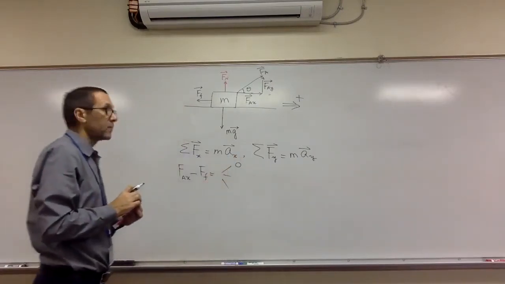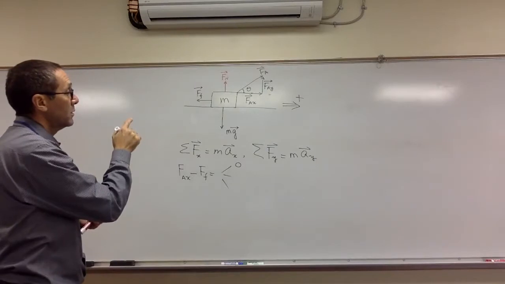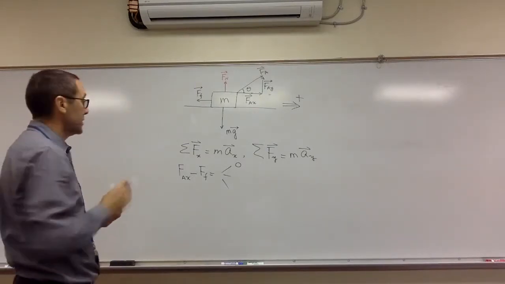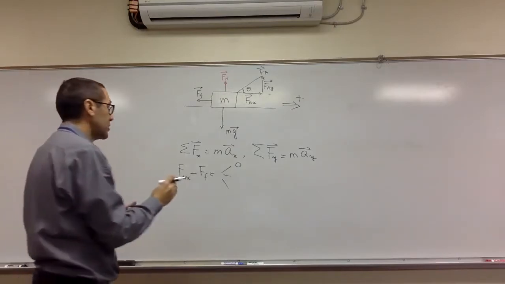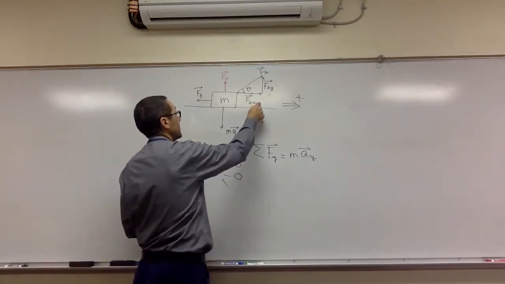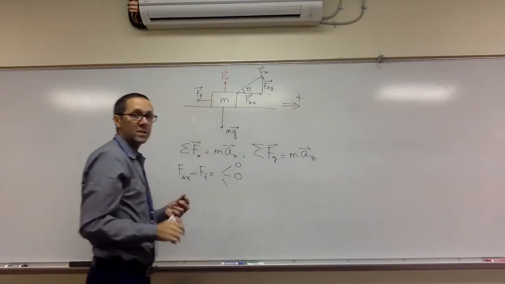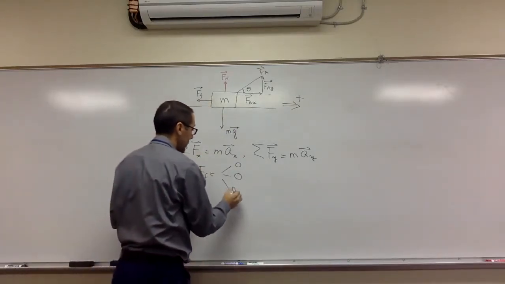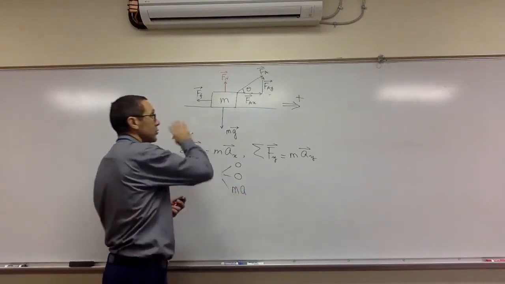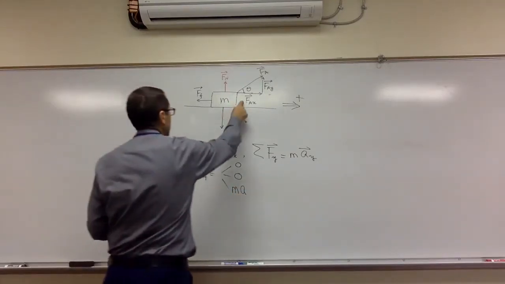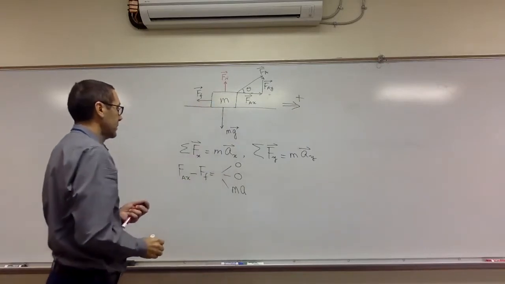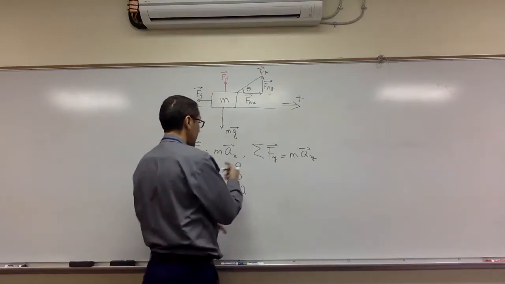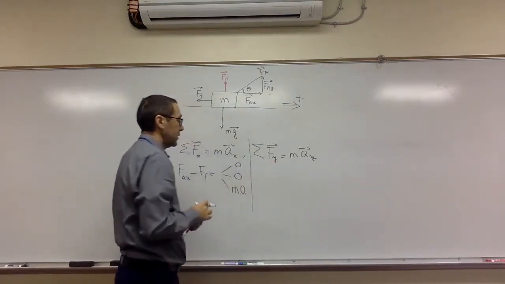It's still at rest. You could be pulling with a force and going at a constant velocity, which means there is no acceleration again, so this Fax is exactly the same size as the friction. Or you could be accelerating to the right if this Fax is greater than Ff.